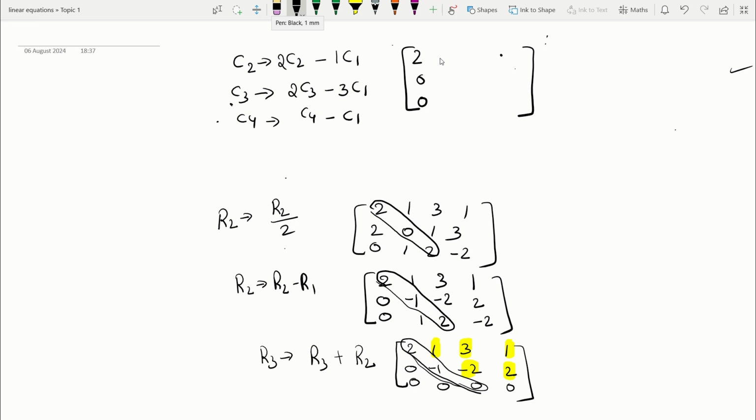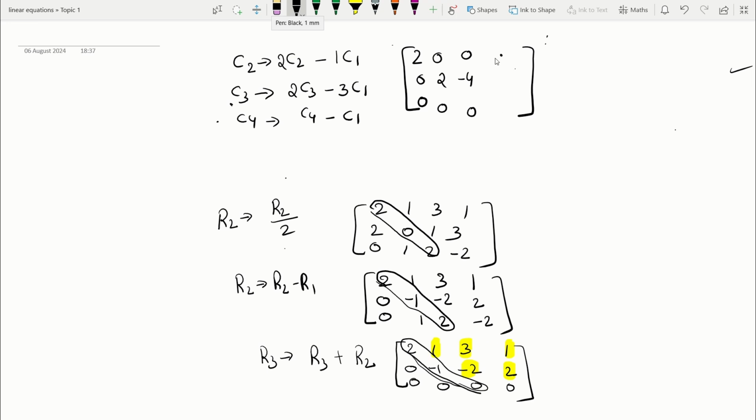C1 coefficient is 2, I wrote for C2. One more, I am expecting change in C3 also, column 3. Then again I will write C3 minus C1. C3 element is 3, write as the coefficient for C1, and C1 element is 2, write coefficient 2 for C3, correct? Then I am expecting change in C4 also. C4 implies C4 minus C1.